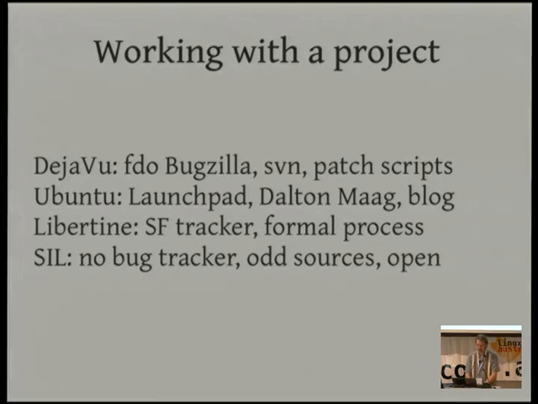But then again, the sources are in Launchpad, so you can go look at it and just add it as an issue yourself, as opposed to Libertine, which has a really formal process for making changes, or Deja Vu, which is so large that it's complicated to get things done sometimes because it's a huge project with a lot of contributors.